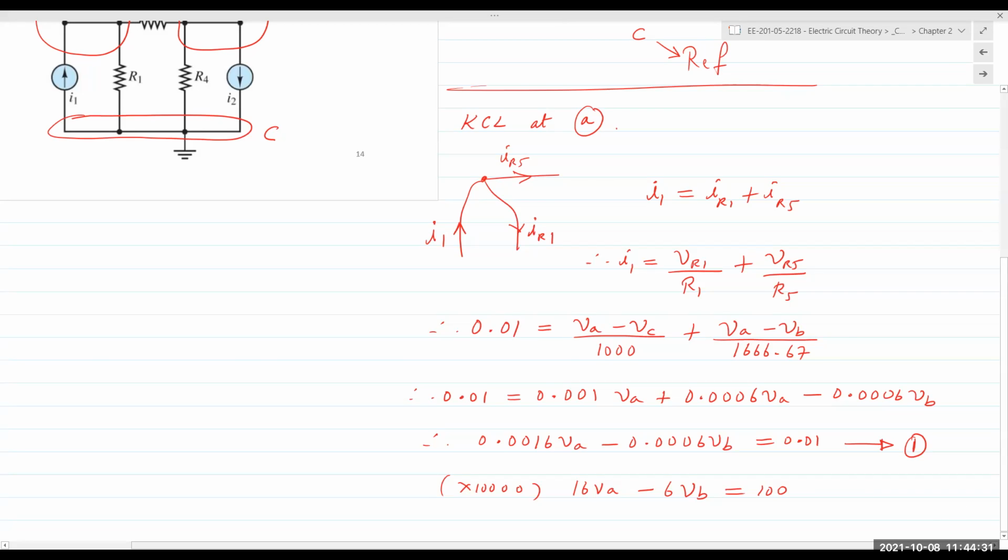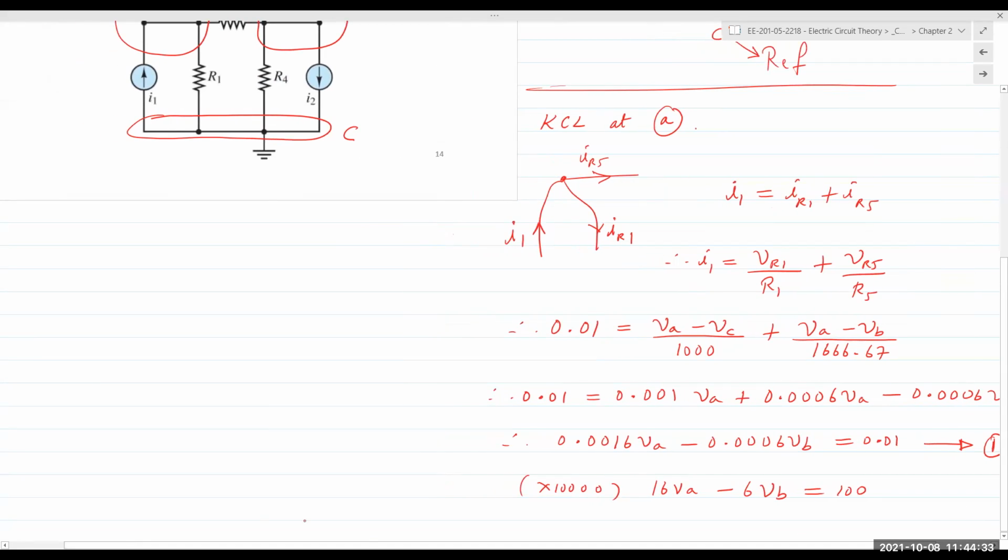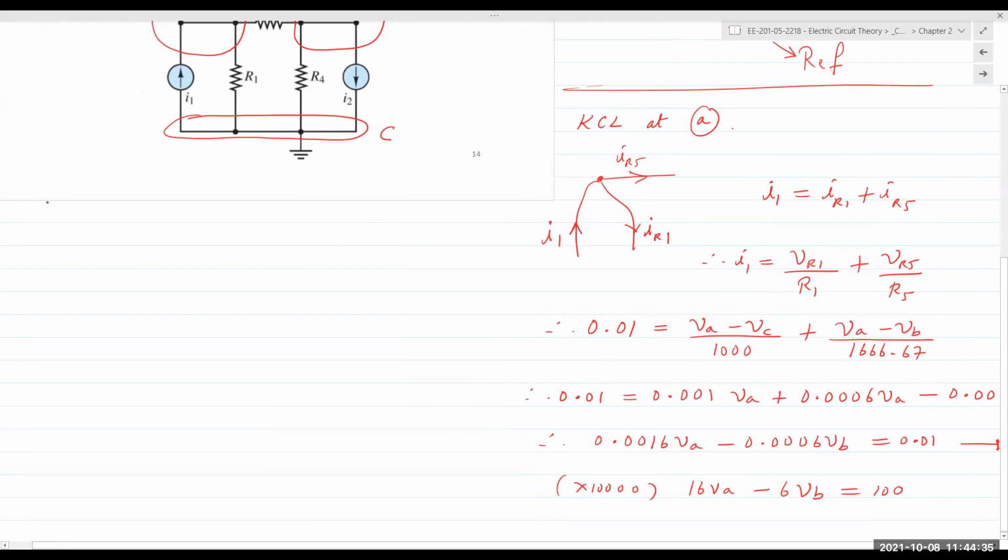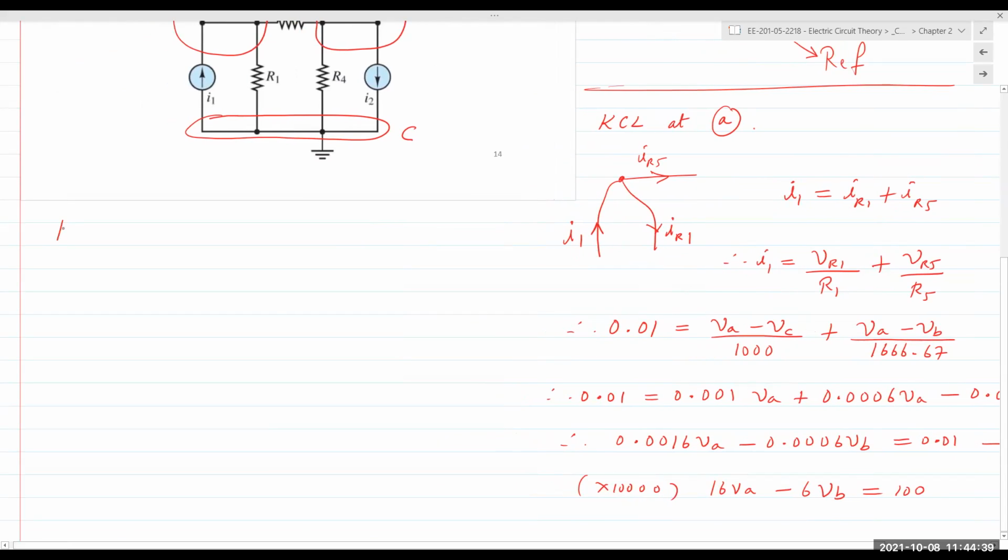So then let's get to the other side and apply KCL at B. If you apply KCL at B, you have IR5 coming in, I2 going out, IR4 also going out.